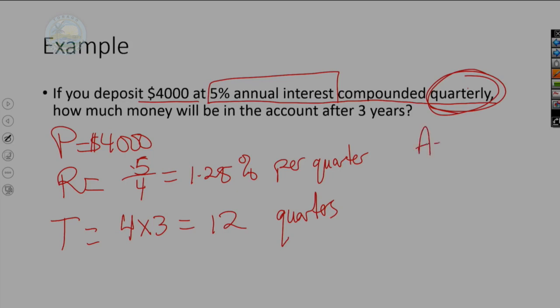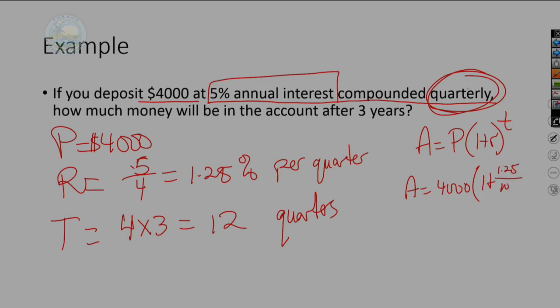So now the amount will be the principal, open brackets, 1 plus the rate, to the power of the time. Sorry, my apologies. The amount is 4,000, open brackets, 1 plus the rate, 1.25 over 100, because remember, you want it as a fraction, not as a percentage, to the power of the time.